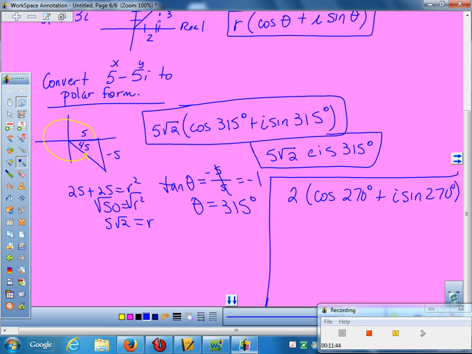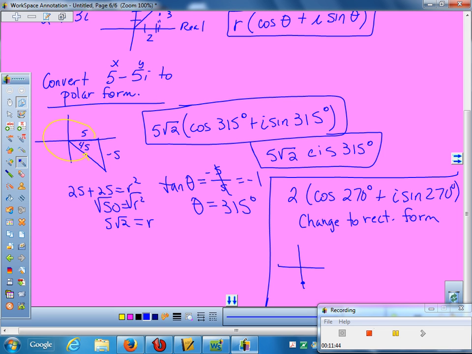Well, you have to draw that angle. You would draw a picture. And since we're on 270, it's on the line, baby. So this one's actually going to be extra easy.